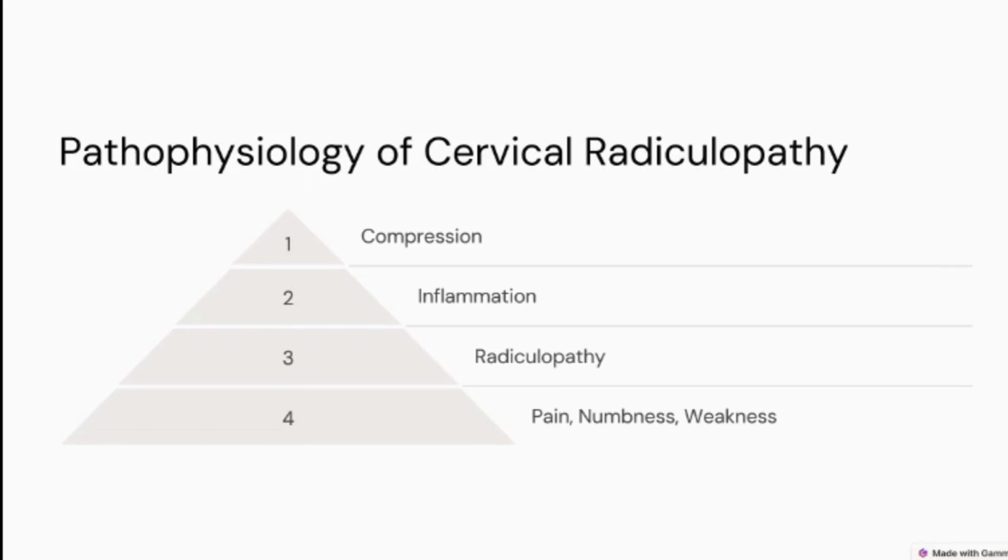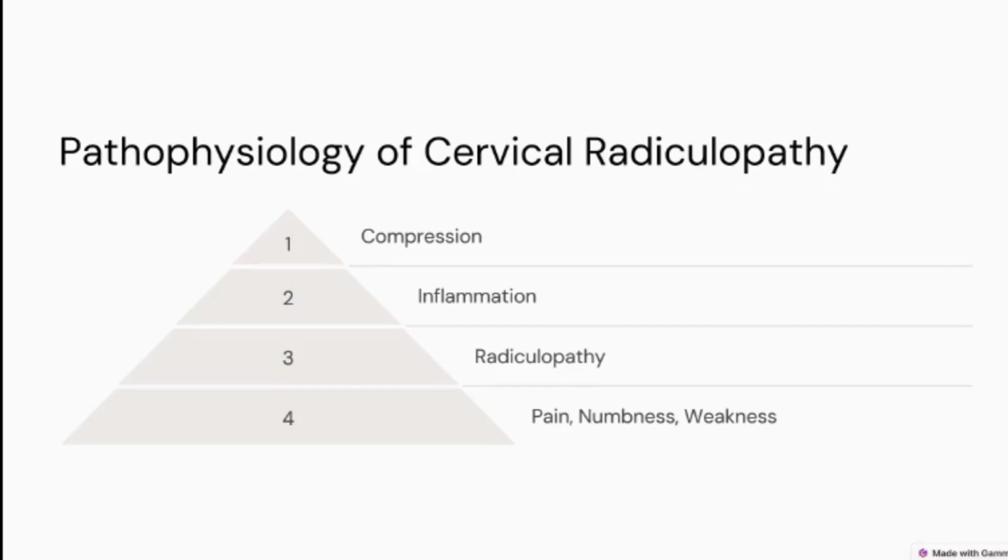Now we'll discuss the pathophysiology of cervical radiculopathy. It occurs when a nerve root in the cervical spine is compressed or irritated due to herniated disc material impinging on the nerve, or degenerative changes like osteophyte formation or narrowing of the foramen. Then trauma, fractures or dislocation can also compress the nerves.